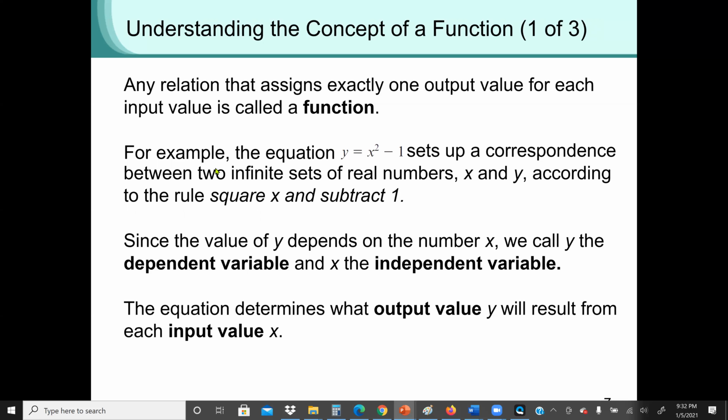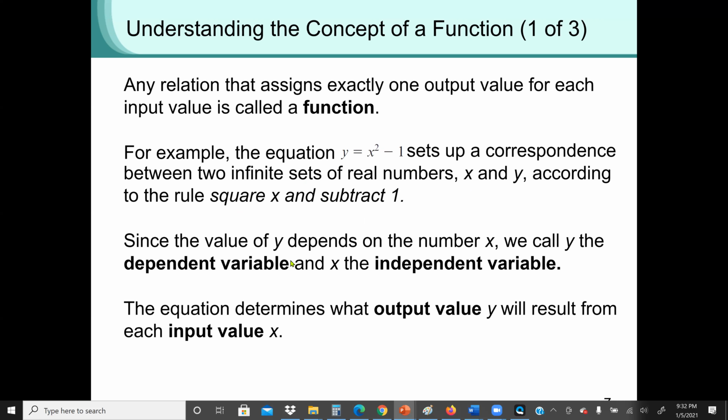The equation y equal to x squared minus 1 sets up a correspondence between two infinite sets of real numbers, x and y, according to the rule: square x and subtract 1.